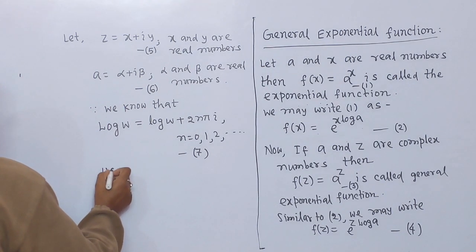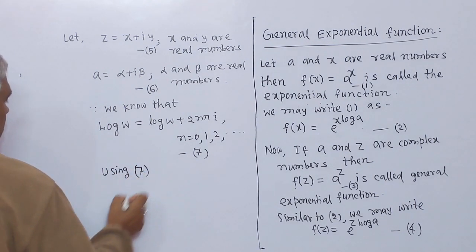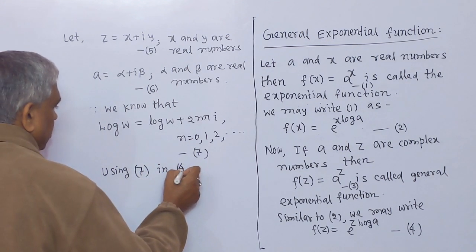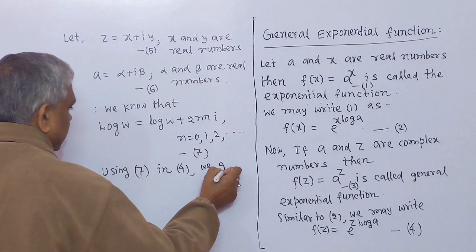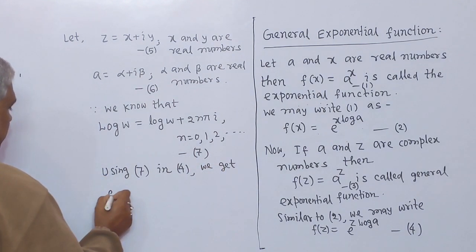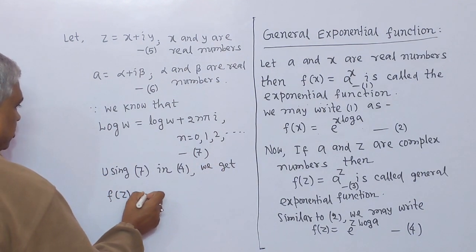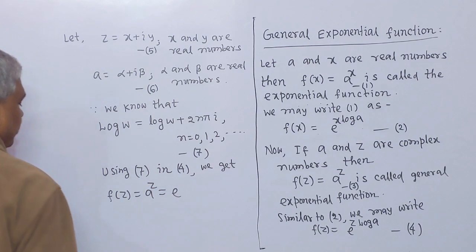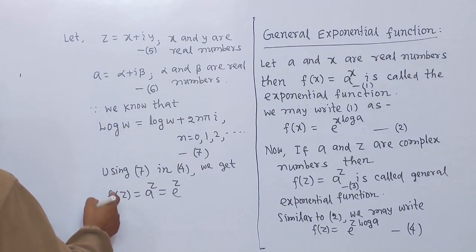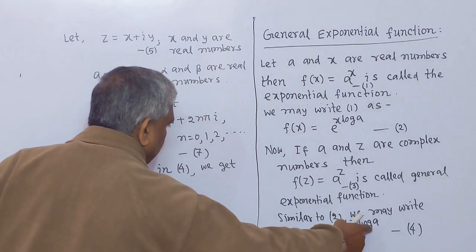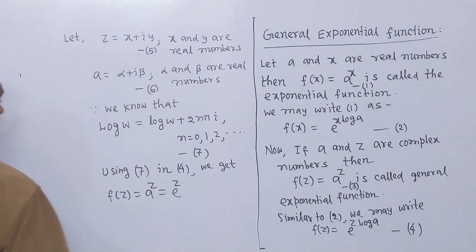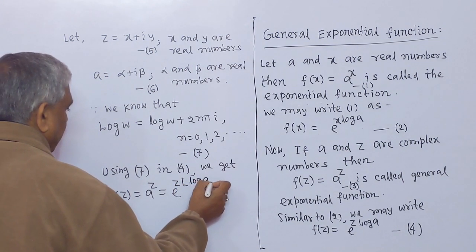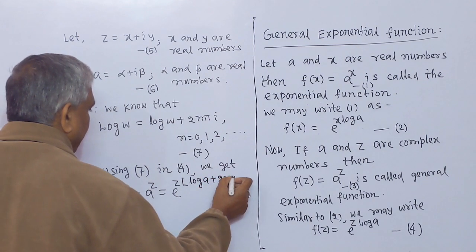Using 7 in 4, we get f(z) = a^z = e^(z Log a), where Log a is small log a plus 2n pi i.